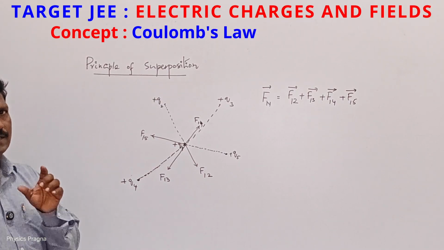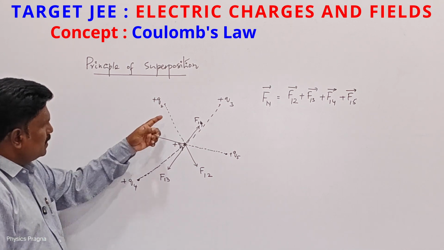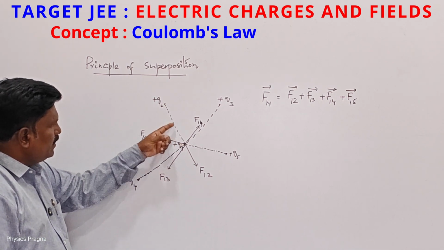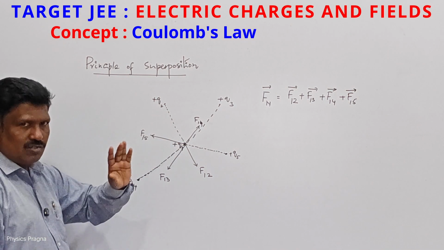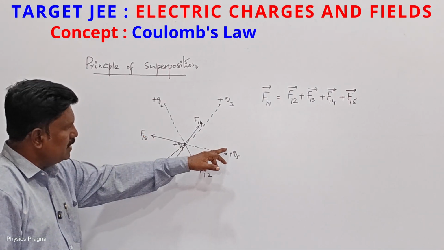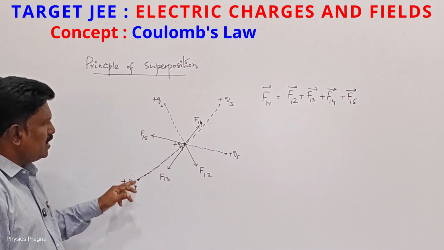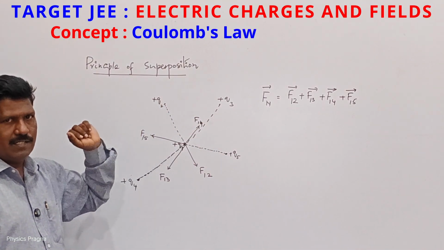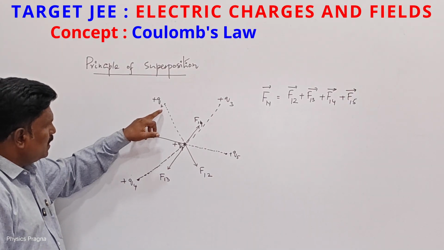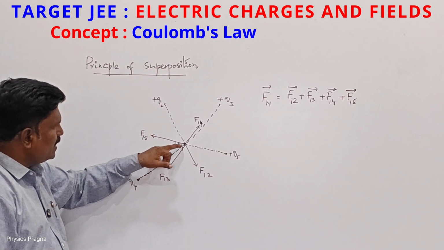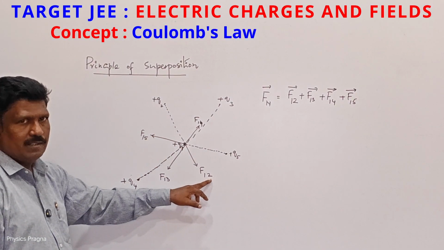The superposition principle says that the force between any two charges is not affected by the presence of other charges around. See, the force between 1 and 2 is F12.